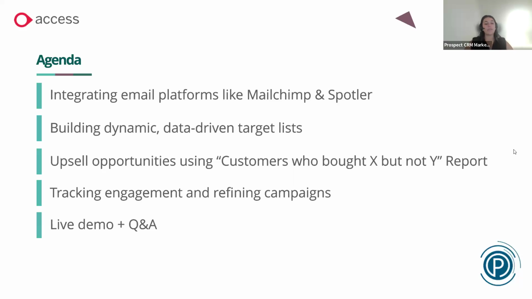Then identifying upsell opportunities with smart reports like customers who bought X but not Y, and tracking engagement and refining campaigns. And of course, we do have a live demo to show you everything in action, followed by a Q&A session.